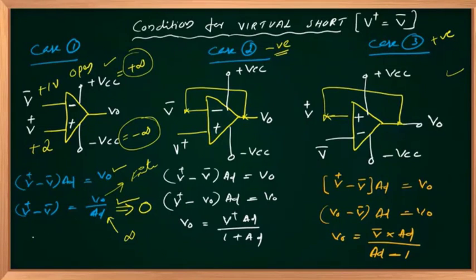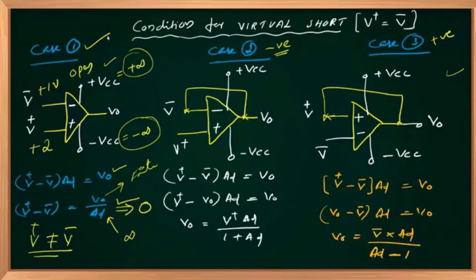So I will see V plus not equal to V minus in an open loop configuration, because the output is not always finite. It can go up to infinity if my supply voltage is infinite. Let us get into the second circuit.